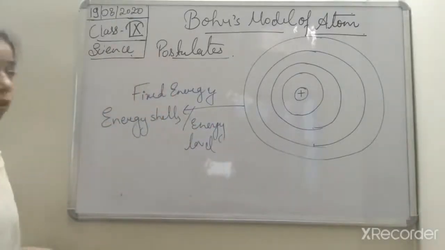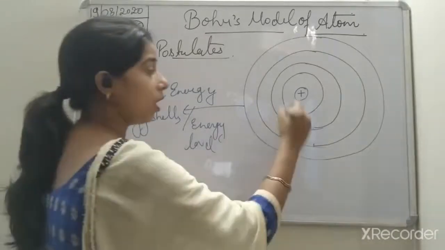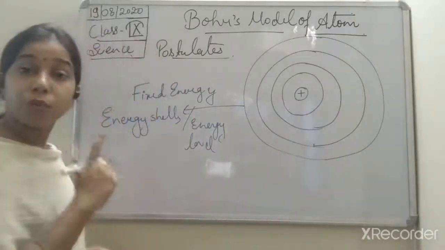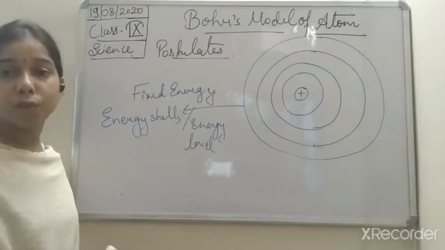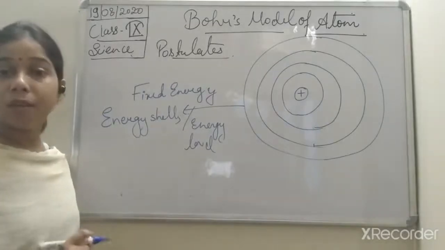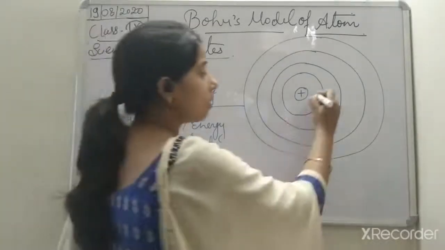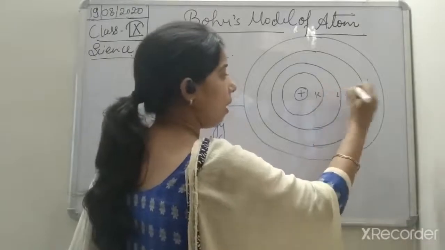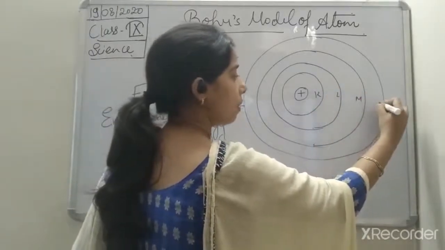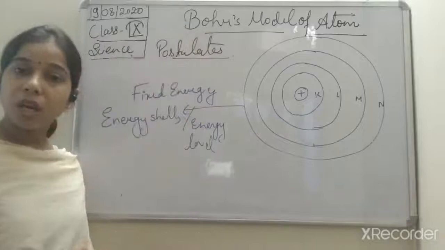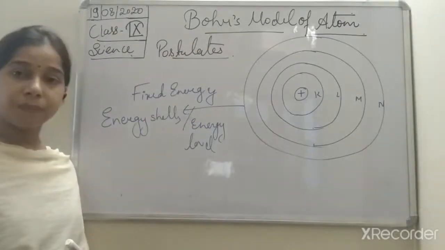Now these circular orbits are energy shells, and there is not just one shell, student. You can see there are 4 shells. So we had given a name to each of the shells, that is K, L, M and N. Okay, so these are the different shells.